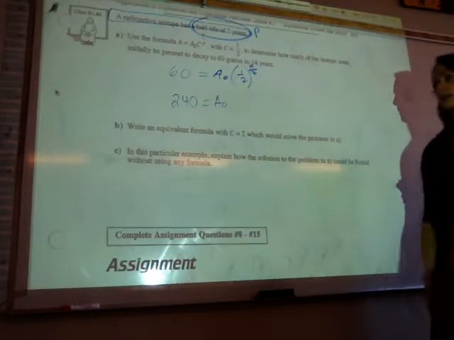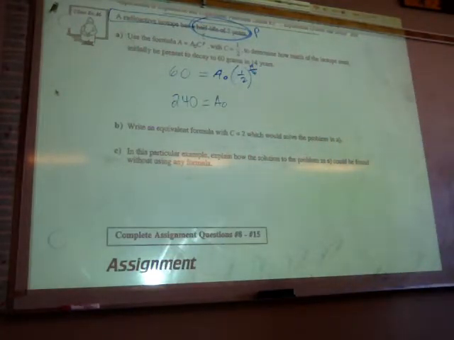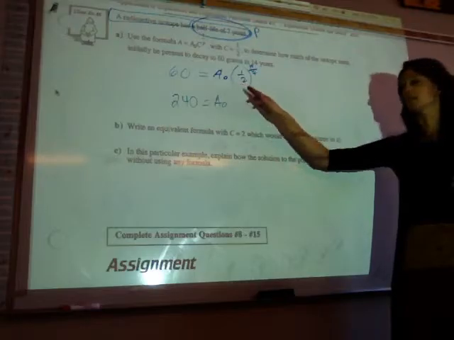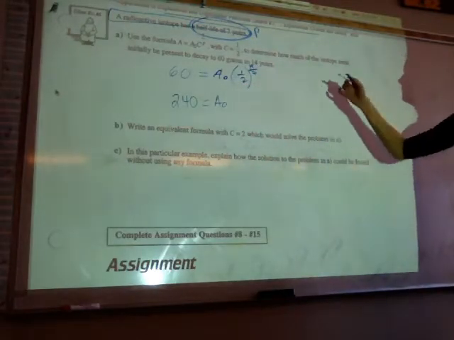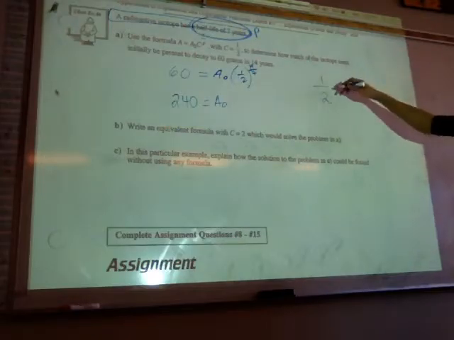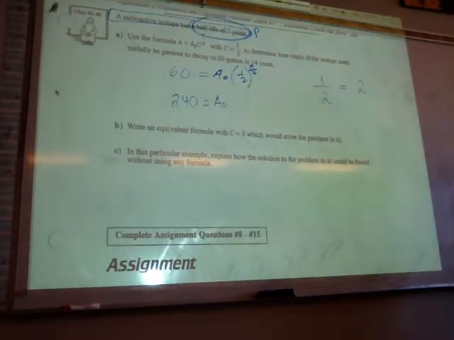The part that I wanted to talk about was part B. They're saying, write an equivalent formula where now C is 2. We still have a half-life, but instead of a half in the constant space, they want us to write it as a 2. So tell me, how can I make it so that these two statements are equal? 2 to the power of negative 1. Brilliant.